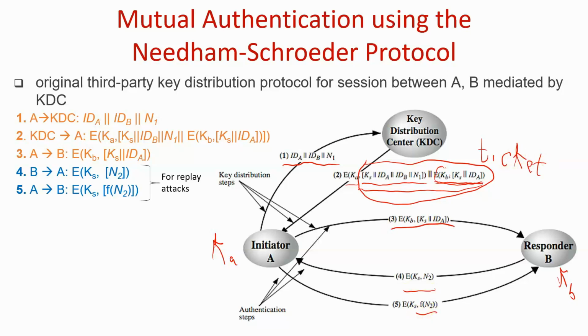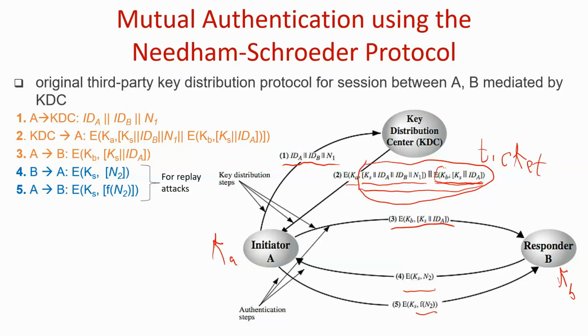When the KDC returns the nonce back to A in step 2 encrypted with KA, only the KDC could have done that because only the KDC has KA. And so the response sent back from the KDC to A verifies that the KDC is the one who is talking to A. So A has now authenticated the KDC using the challenge response in steps 1 and 2.